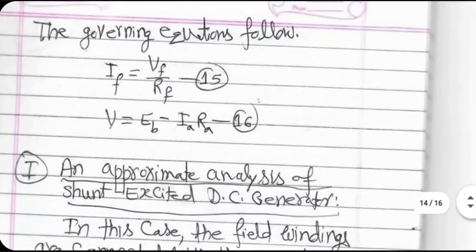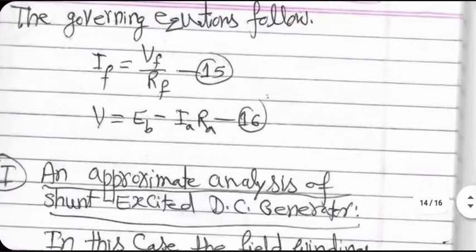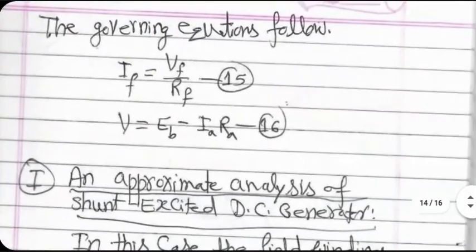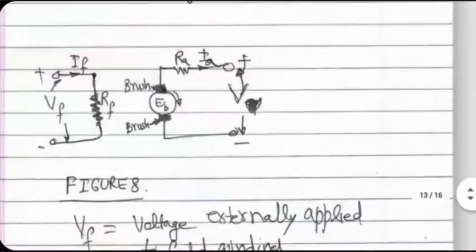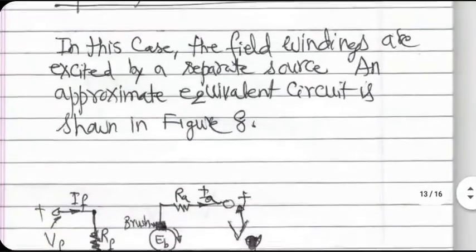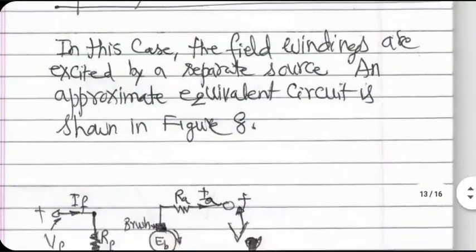Okay, so when we do numerical problems, you don't have to recall these equations. Most of the time, the calculations are straightforward based on your understanding of circuit theory and the equivalent circuit that you can draw very easily once you know whether excitation is separate or something else.